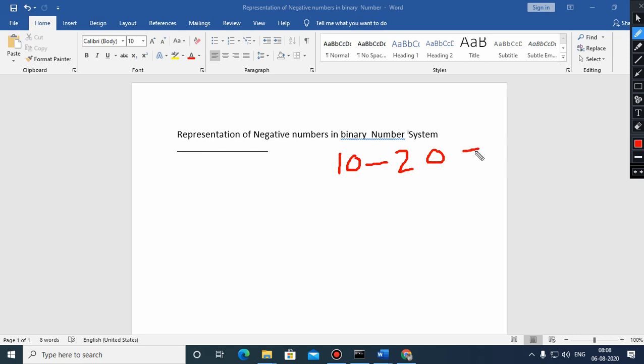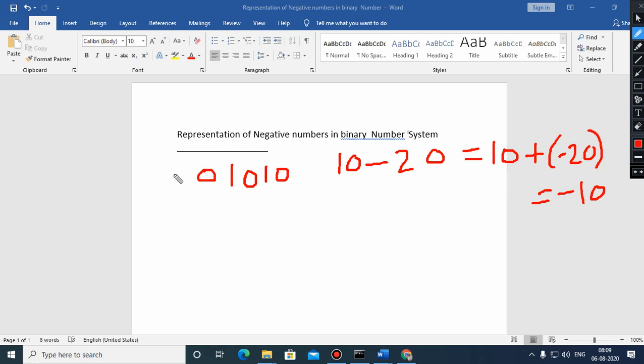Here in this case, the expression will become 10 plus minus 20, and here the answer will be minus 10. So what to do in this case? First of all, represent the very first number in binary, which is 1010, in 4 bits.